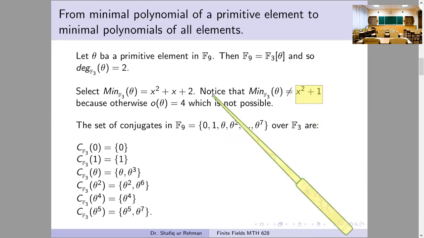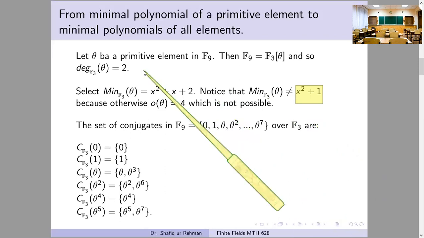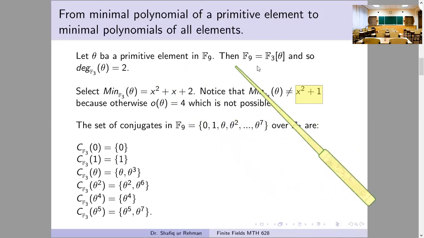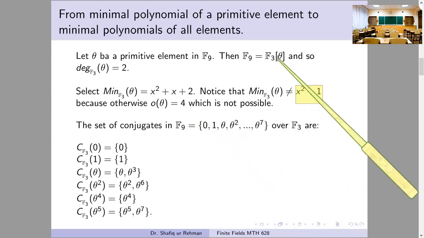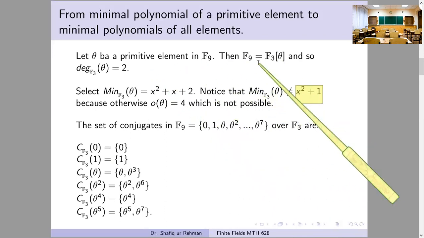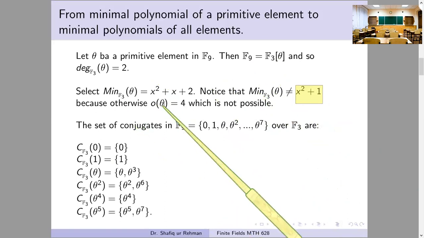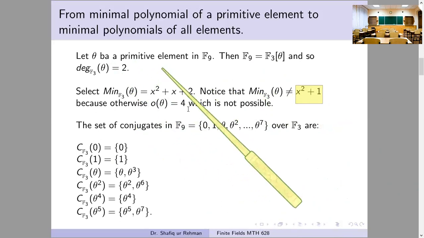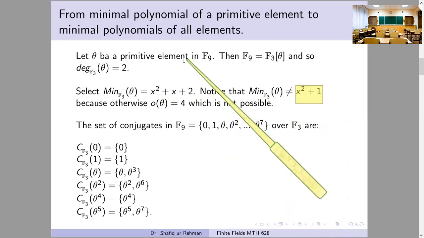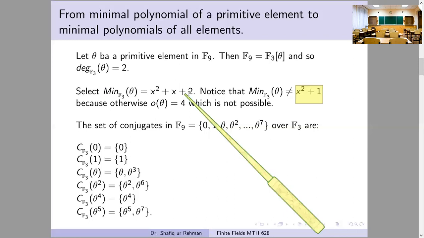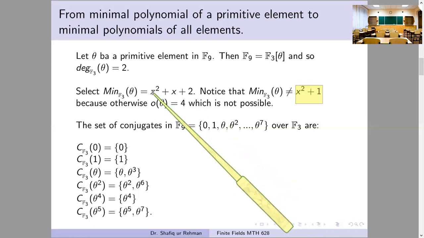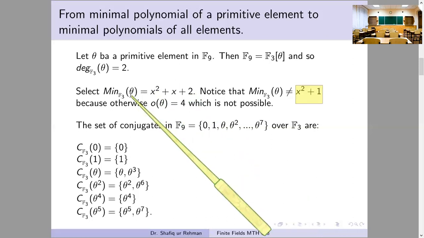You can also adopt the following method here: you choose some irreducible polynomial of degree 2 over F3, write all the elements of F9, and then you can select some primitive element and start, but this is your choice. You can also start in this way: first choose some primitive element and then select some minimal polynomial, keeping in view that the order of theta must be equal to 8.